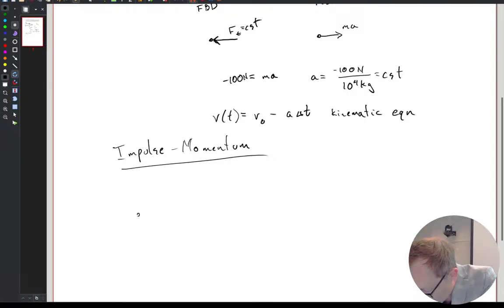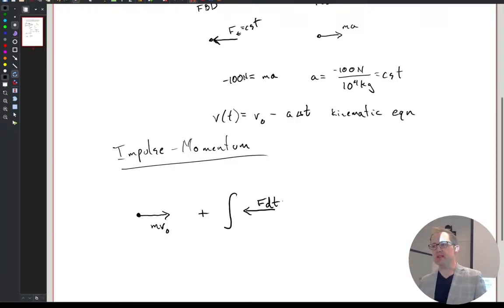So what this looks like is, initially we have mV0 moving to the right. So I'm drawing what my momentum looks like, and I'm going to add to that an FDT, which is my impulse.